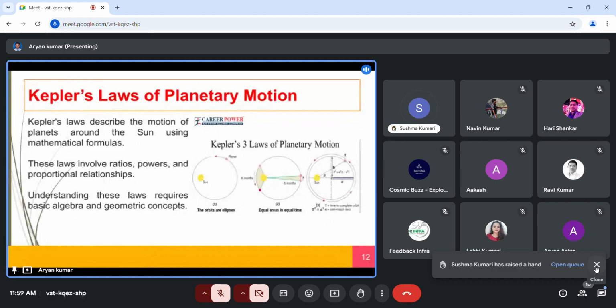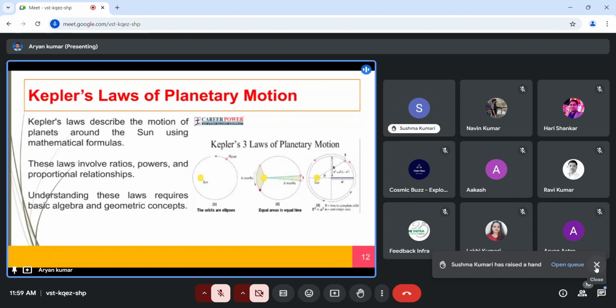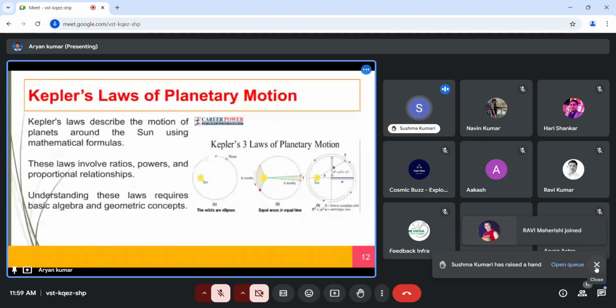And the last law, with the equation that you had mentioned: the planetary orbital periods are proportional to the semi-major axis A, which I think you have already given in the equation.